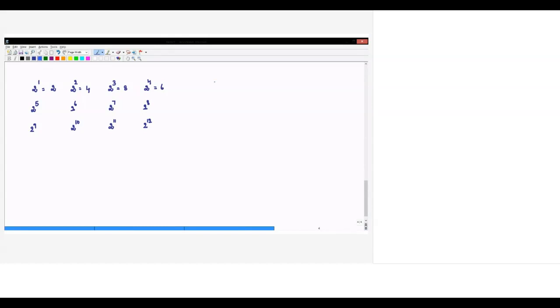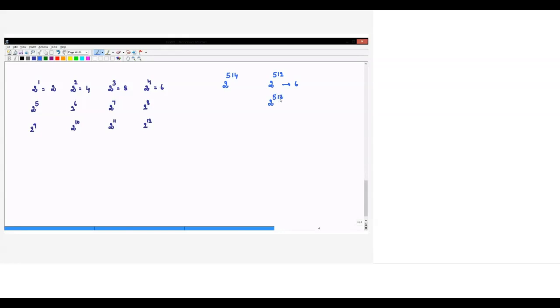Suppose if I ask you 2 power 514, the unit digit of this. So I can say 2 power 512 is perfectly a multiple of 4. Therefore, it ends with how much? 6. So you go for 2 power 513.